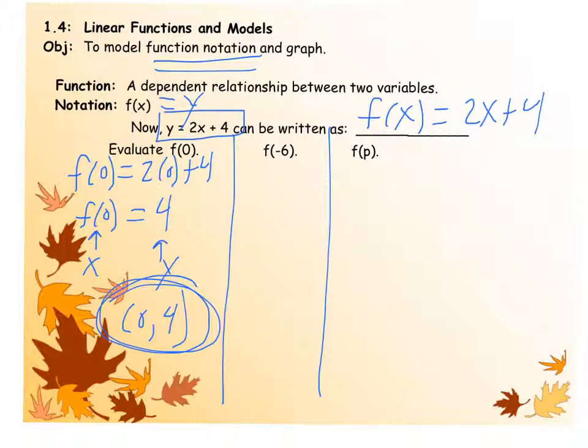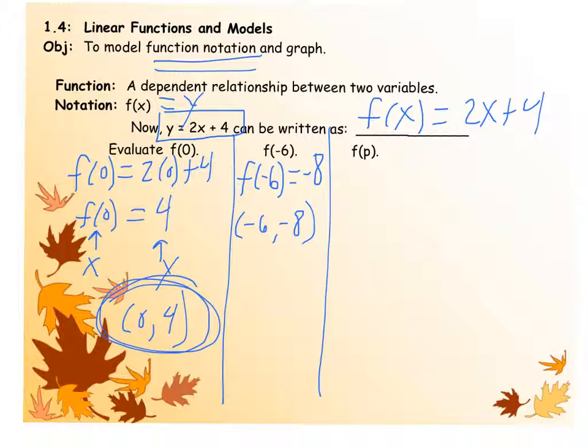to that linear equation. I could do the same thing with f of negative 6. You can check my math on this, but I'm pretty sure that equals negative 8. And that tells us that that coordinate point is a solution to the equation y equals 2x plus 4.